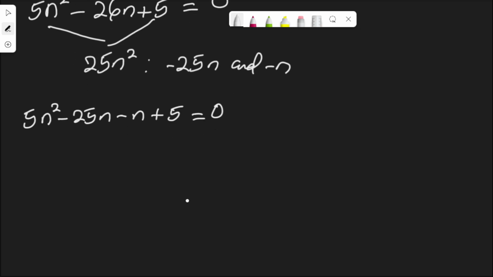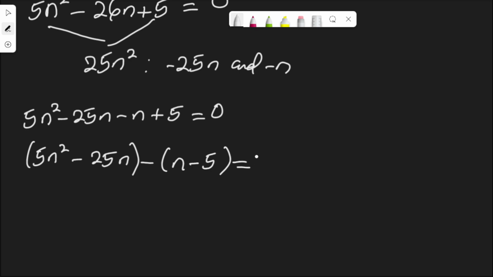Let's group that 2 by 2. So 5n squared minus 25n, minus n plus 5 equal to 0. In the first bracket, 5n is common, into n minus 5.